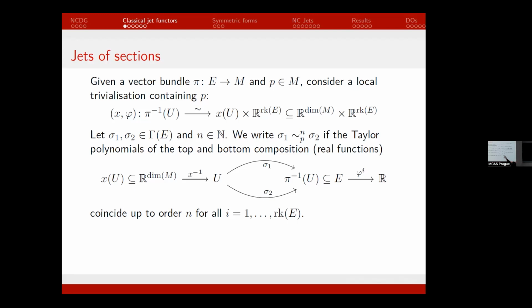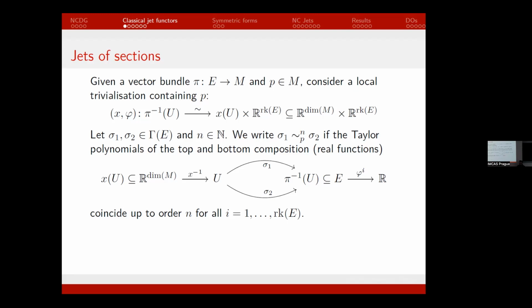So what we do is we take a generic section, we pre-compose it with the coordinates, so that we now live in R to the dimension of the manifold. And then we compose it with the vertical component. This goes in general in R to the rank of E, but if we take every single component, this goes just in R. So these are real functions defined on an open subset of R to the dimension of N. So how do we use this trivialization?